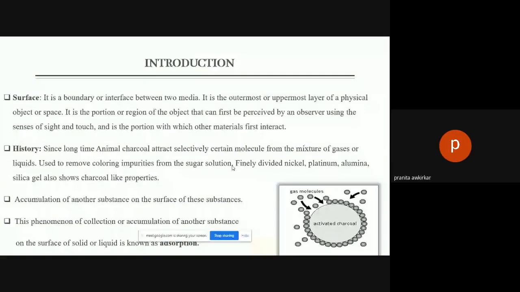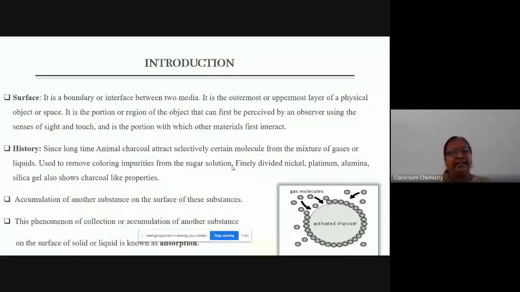Yes, ma'am. Okay. During this study of adsorption, that is the surface phenomenon, let us consider the surface. That is, what is the surface? You know, the surface of any substance, any object, is a boundary or interface between two media. That is, if we consider blackboard and duster, blackboard has a surface, also duster has a surface, that is its boundary or the interface between two media.